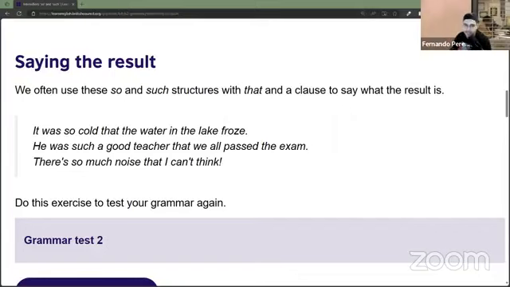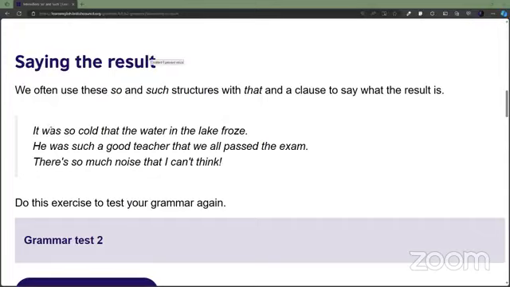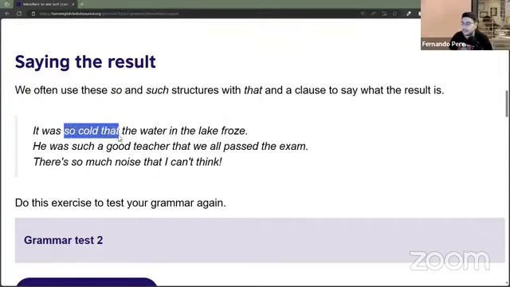Exactly, yes. That was the next section, right? The result of the exam being so difficult. Technically, the collocation is so adjective that. That's the sequence we are talking about. The exam was so difficult that I decided to throw it to the air.